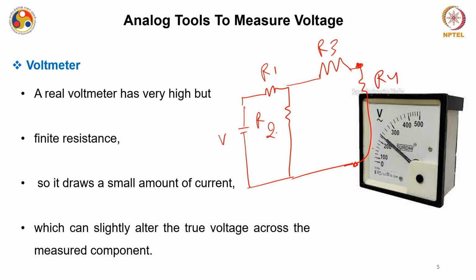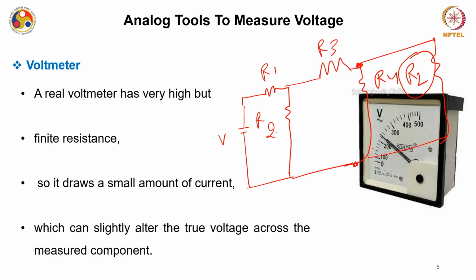Now, say I want to measure the voltage dropped across R2, or another resistance, which I am calling the load resistance RL. Say I want to find the voltage across this resistance RL.